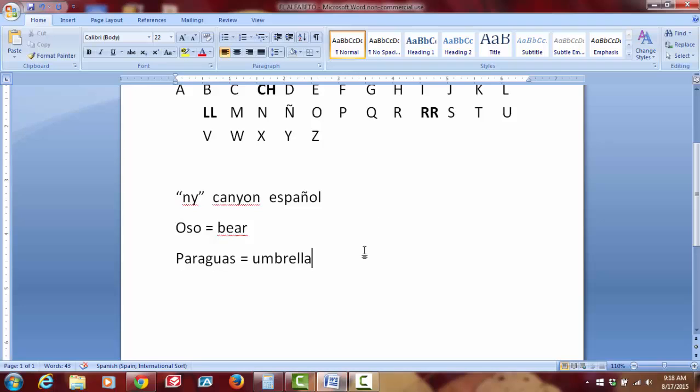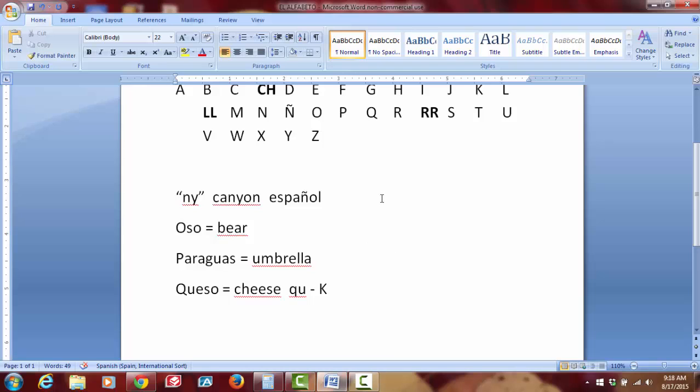All right, Q has a K sound, and it's typically followed by a U, like in the word queso. Pero queso, that Q-U is K. It's never kw. It's always a hard K.